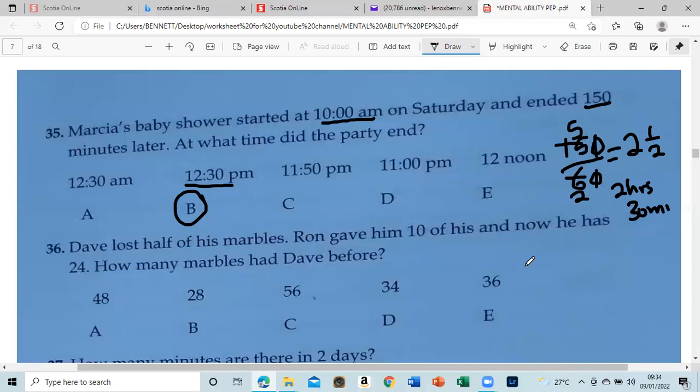So what plus 10 gives 24? That will be 14. Right? So before Ran gave him the 10, he had 14. So if he lost half of them, 14 is half of what number? So he had 28 marbles. Very nice question.